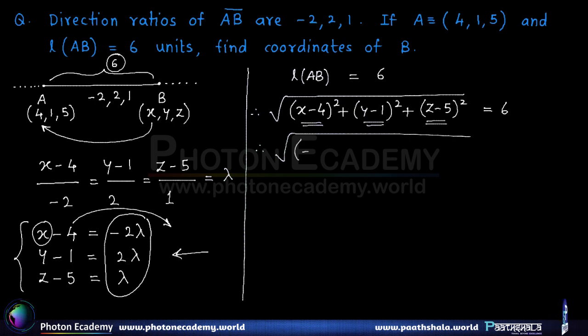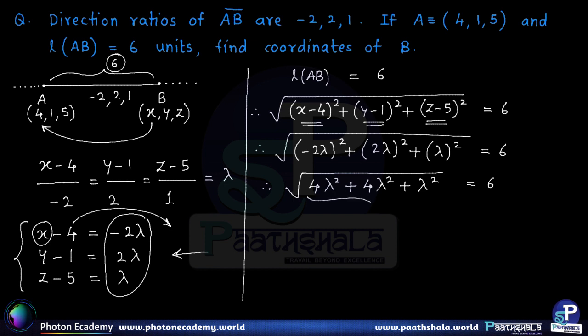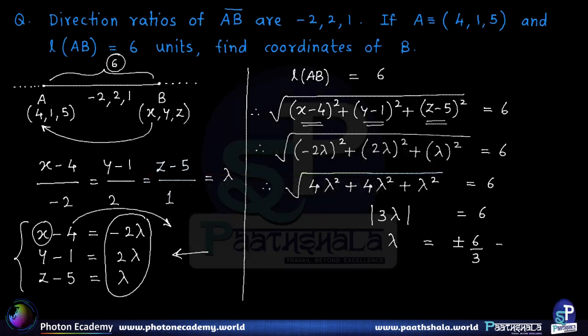So x minus 4 is minus 2 lambda, that's squared, plus y minus 1 is 2 lambda, that's squared, and z minus 5 is just lambda, that is also squared. So therefore on squaring we get 4 lambda square plus 4 lambda square plus lambda square, whose square root is equal to 6. Now you see the total of this is 9 lambda square. So therefore taking the square root we have mod of 3 lambda is equal to 6, because we have to consider plus or minus, correct? So therefore lambda turns out to be plus or minus 6 upon 3, that is equal to plus or minus 2.